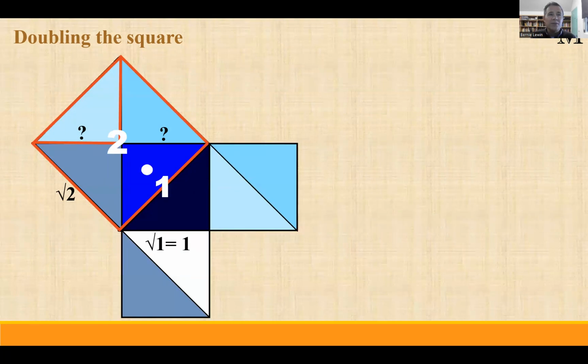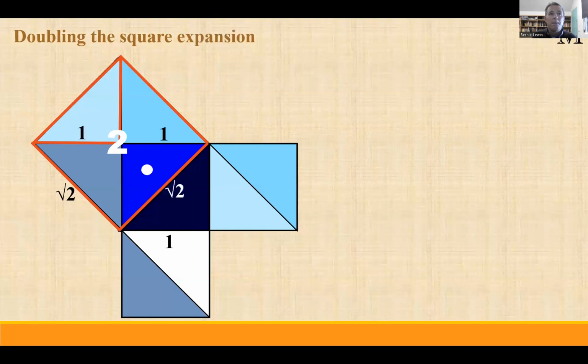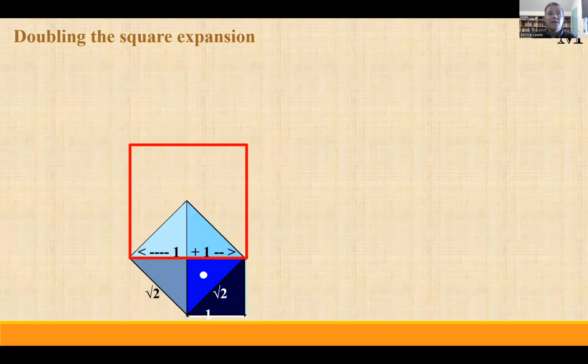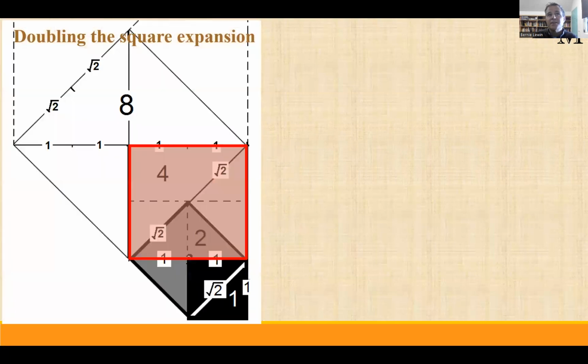Well, if you have a look at the first square, we can see that it must be double 1. So the diagonal is 2, and so now we can build that next square with an area of 4. And so we've got a doubling series in the areas.